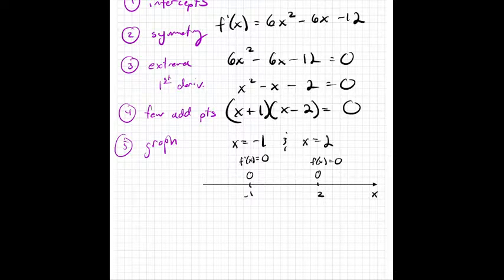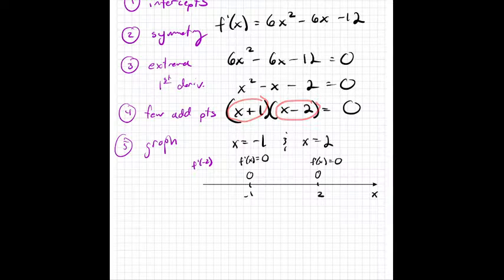So then let's choose a number to the left of negative 1. Let's say when x is negative 2. So let's look at f prime of negative 2, right? So if we plug in negative 2, this is going to be negative. This is going to be negative. Double negative is positive.